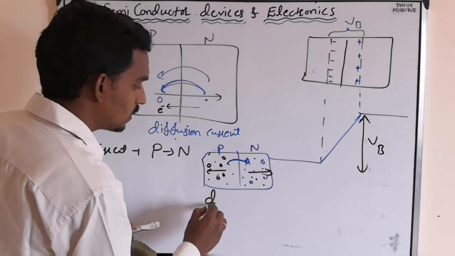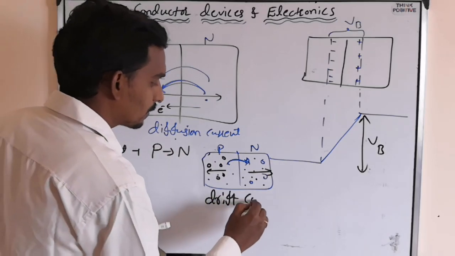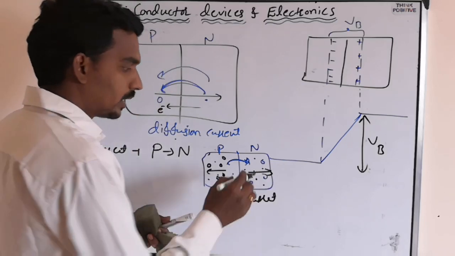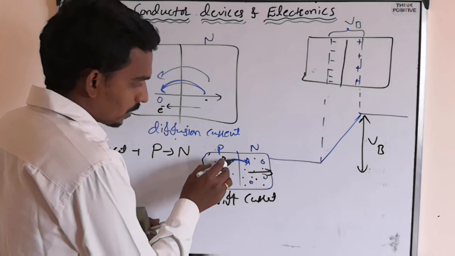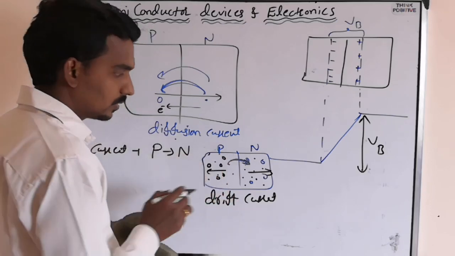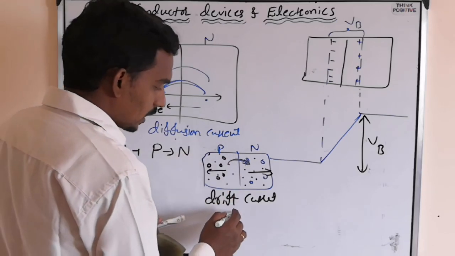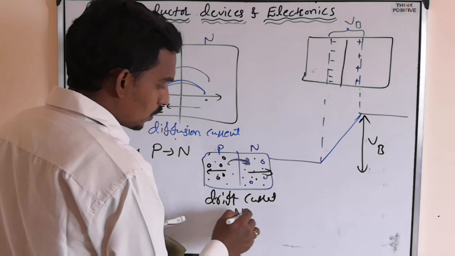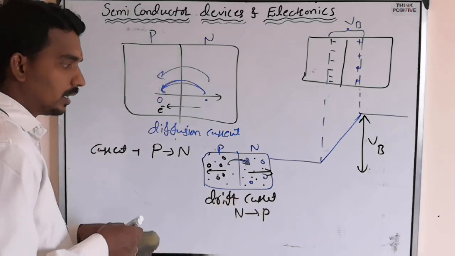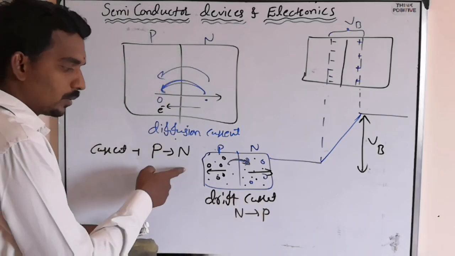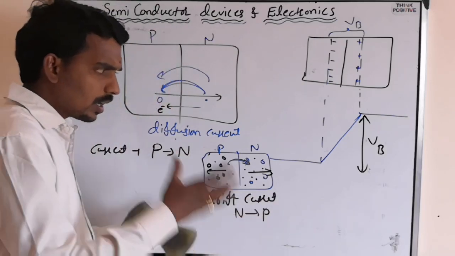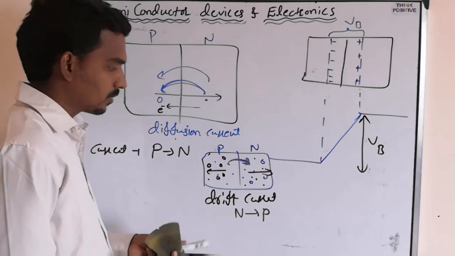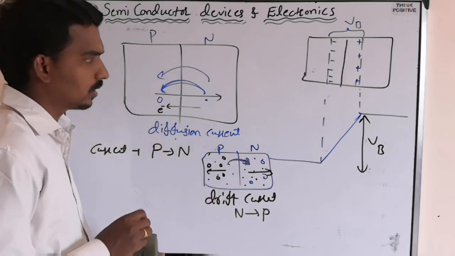What current do we call it? Drift current. Here electrons are moving from P to N, so the drift current is from N to P. Diffusion current is from P to N, drift current is from N to P. A lot of conceptual questions come on diffusion current and drift current.